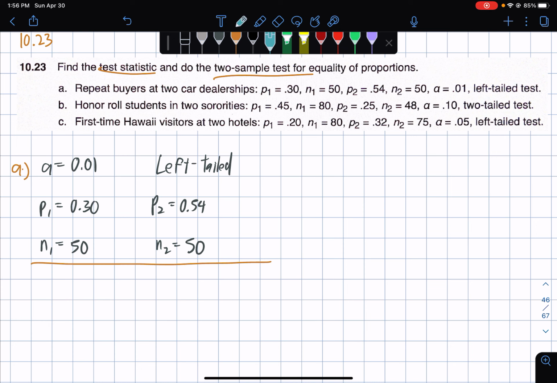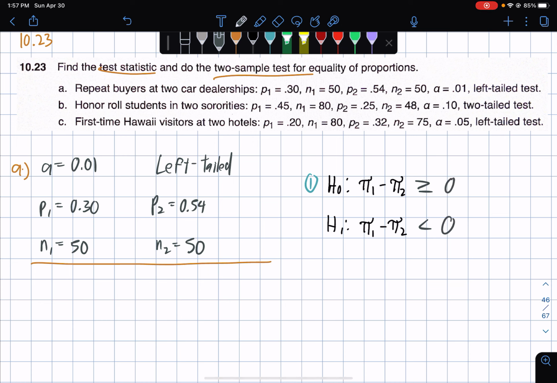Okay, so we have step 1. For test statistics for equality of proportions, we have something like this for H0 and H1, the null and alternative hypothesis respectively. I think it's something like this. And then because this is a left-tailed test, our inequality signs will be like this, I think. Yeah, and then you just put 0. So let's look for the critical z value.